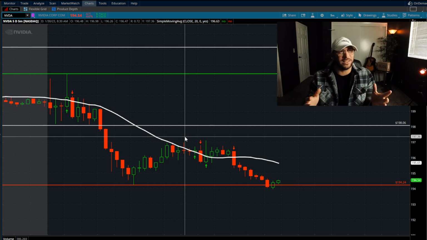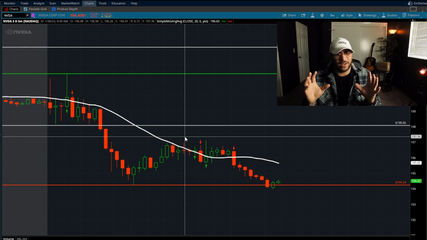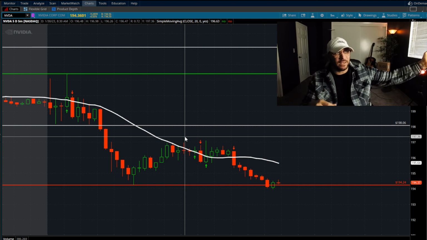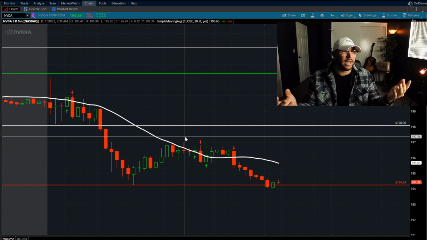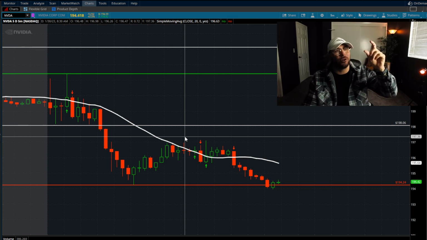You can still play the same setups and take the same strategies, but you don't need to make $4, $5, $6, $7, $8. You get up to an account size with 20, 30, 40, $50,000 and you're taking 10, 15, 20 options contracts. That same little move that was making you $30 or $40 is now making you $300 or $400 in the same amount of time. I hope that makes sense.